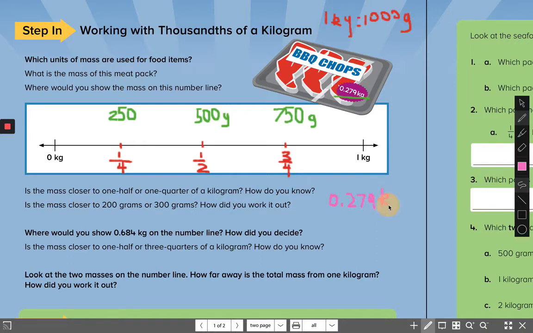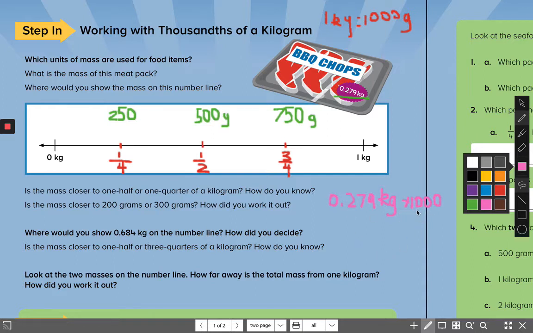Now remember, to convert from kilograms to grams, we'll need to multiply the kilogram number by 1,000. How do we do that? Let's have a little practice and refresher, because that is revising how to do multiplication with decimals.